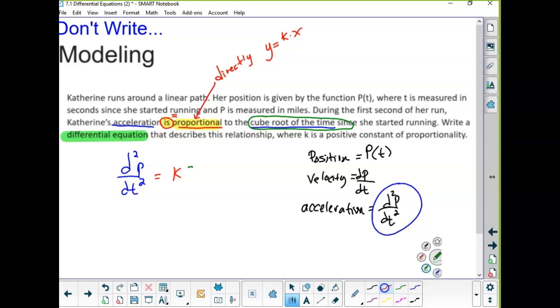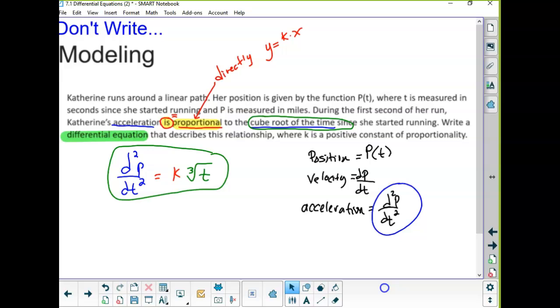So that just means we're going to multiply by the cube root of time. And that's all this problem wanted you to do, was set up the differential equation.